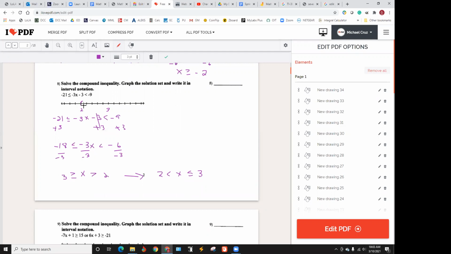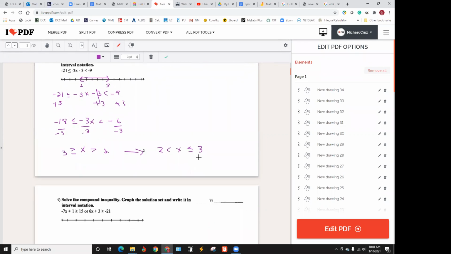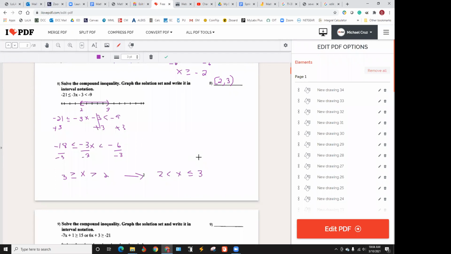So this one's a bracket here, and then this one's a parentheses. So that solution is everything from 2 all the way up to almost 3. There we go. So let me know if you got any questions on that.